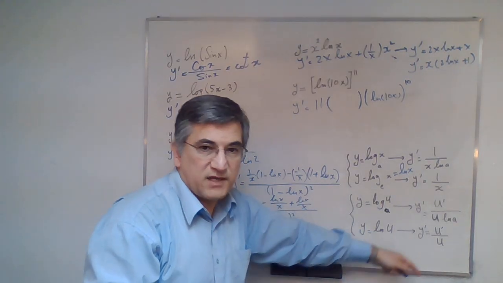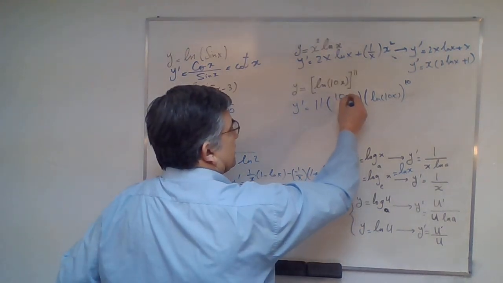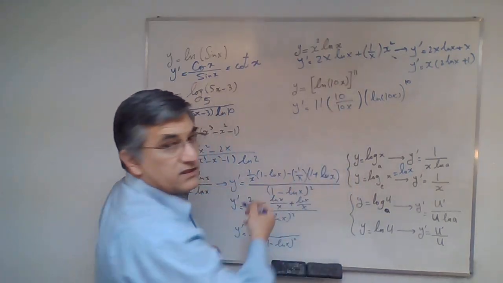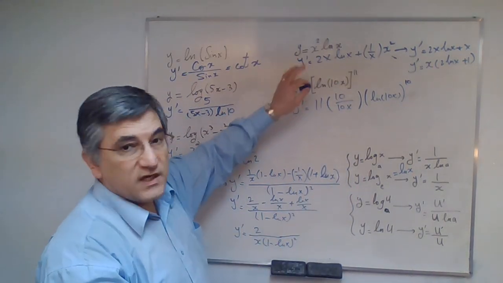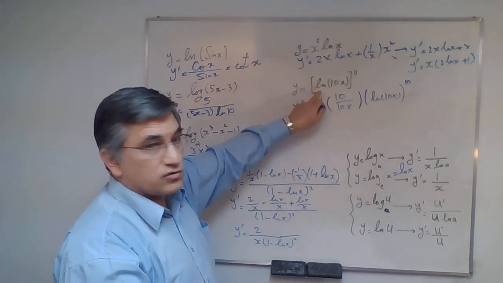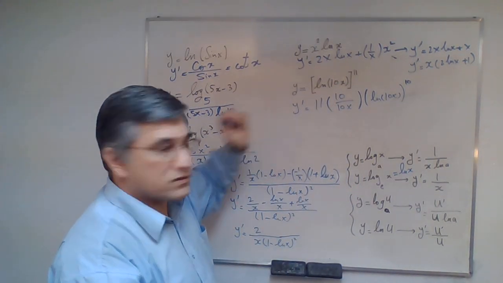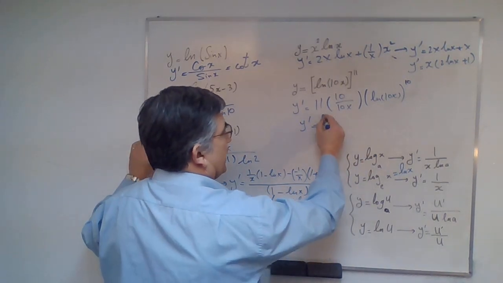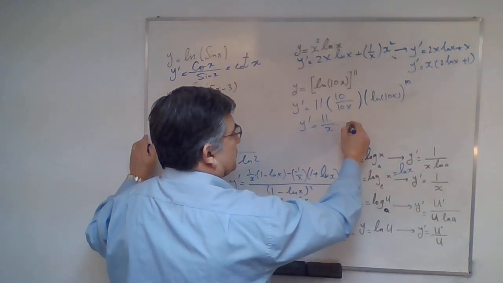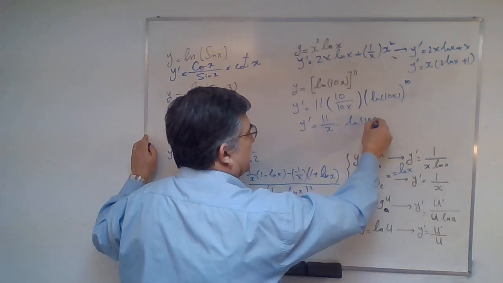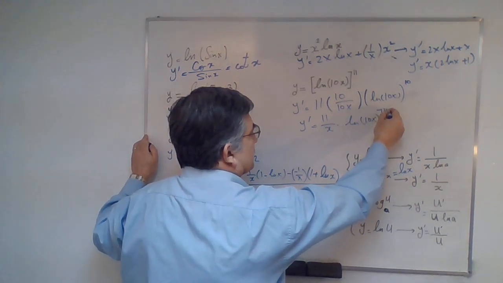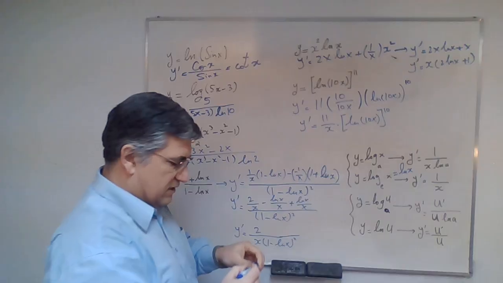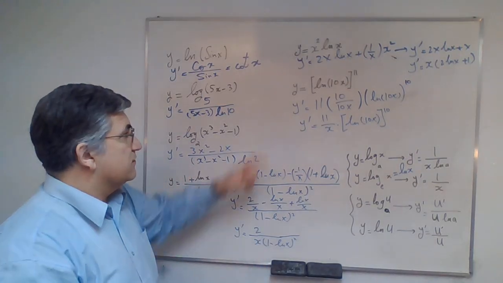So 10 divided by 10x, basically that's what we should write here for the derivative of inside. Derivative of ln of 10x, in other words. So simplifying, 10 over 10 just cancels, so we have 11 over x times ln of 10x, all raised to the exponent of 10, and that is the final simplified answer for this function.